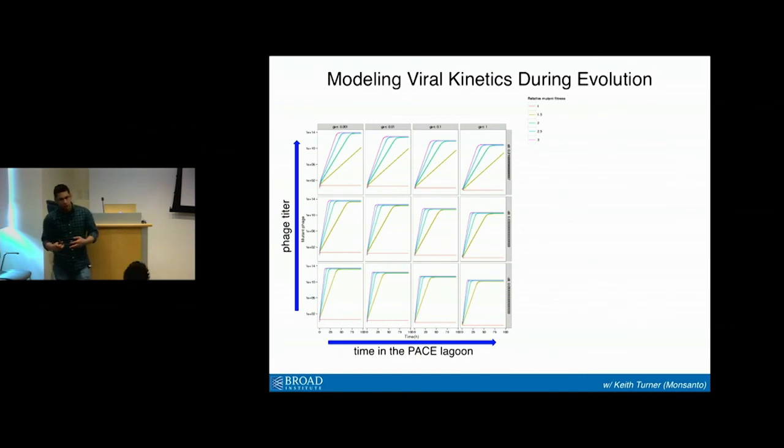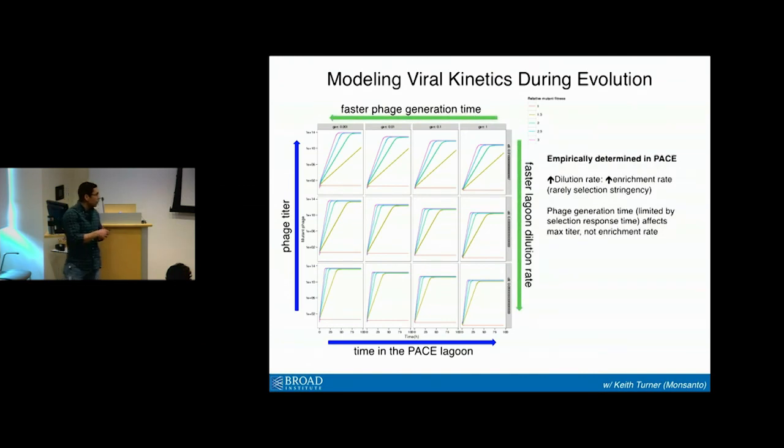There's a lot of information that we have about how bacteriophage replicate, what happens when they infect, and the kinetics that regulate the processes that underlie the host-pathogen interaction, so that we can actually carry out these models. We manipulate things like the phage generation time to recapitulate how well the selection works or how quickly it operates, and the dilution rate of the lagoon, which is a very rough metric for how stringent the selection is.